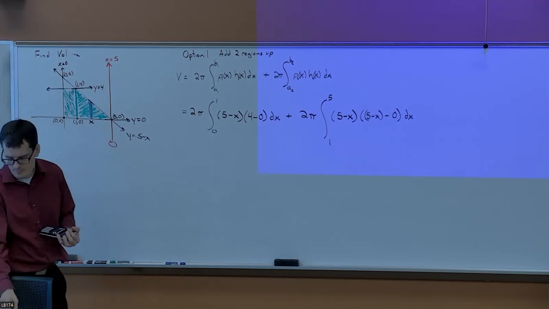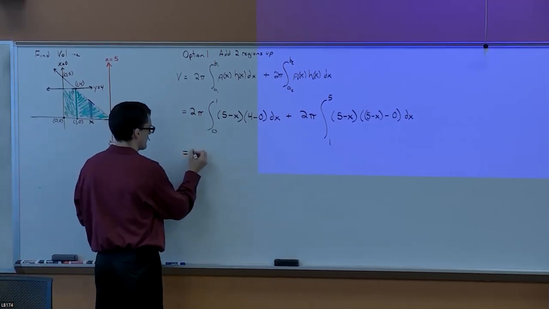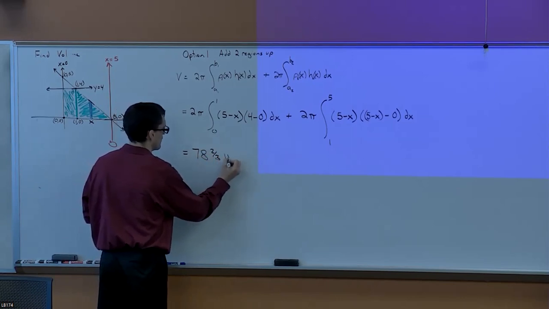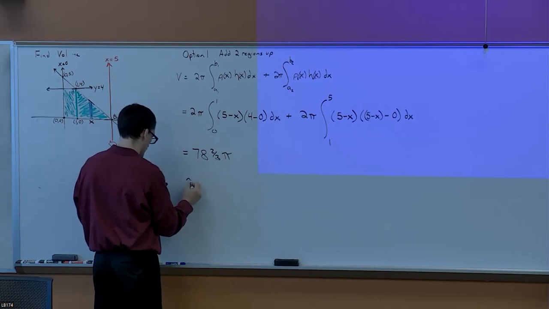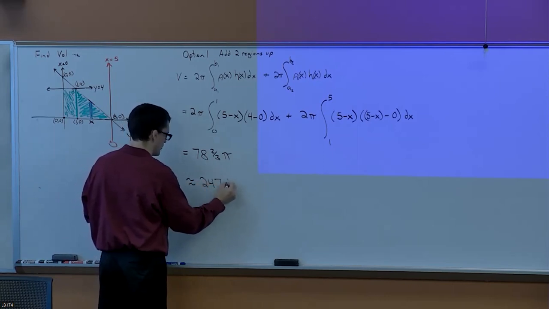And what you end up with is about 78 2/3 pi. Or in other words, about 247.14.